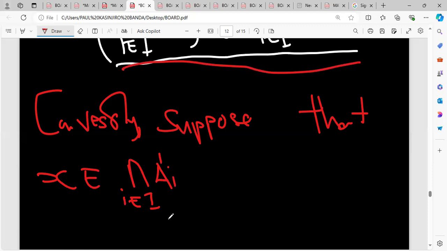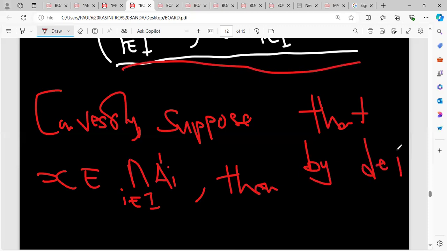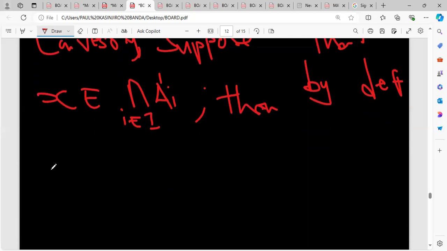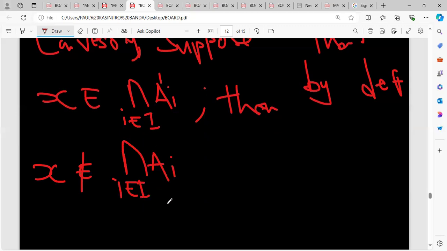Suppose that X is in that, and then by definition, just write DEF. So by definition, what does this mean? If X is a member of the intersection of all the complements, it means that X is not a member of the actual set. This is in the complement. So X is not a member of this. That's what it means, right?